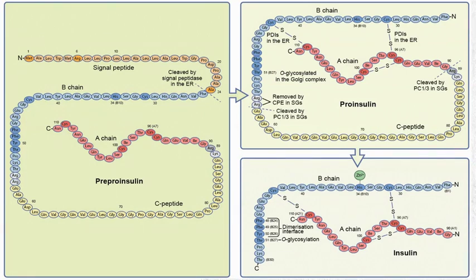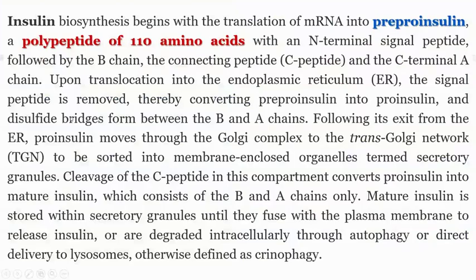These disulfide linkages are formed by cysteine molecules, about three of those linkages, where the cysteines link to each other. After that, there will be the removal of the C chain, and when you remove the C chain, you have your insulin.